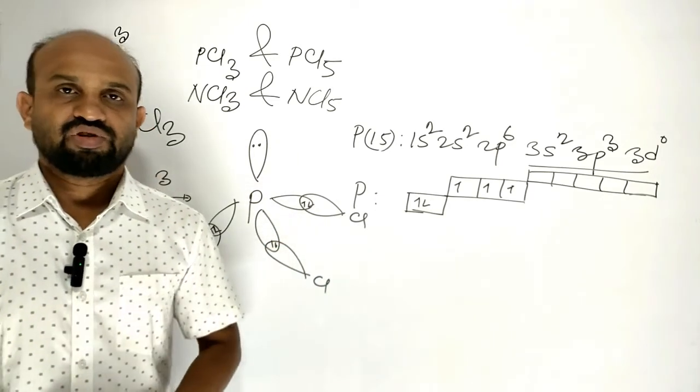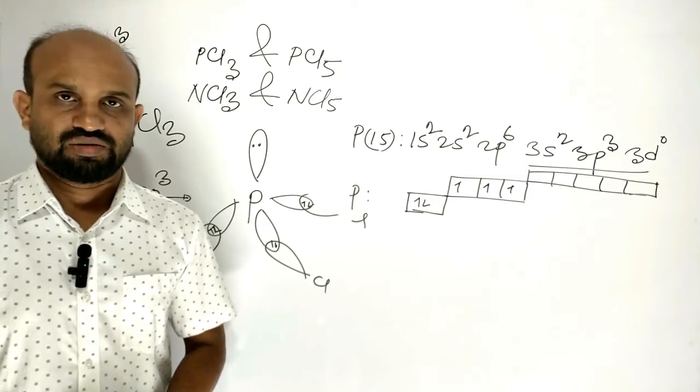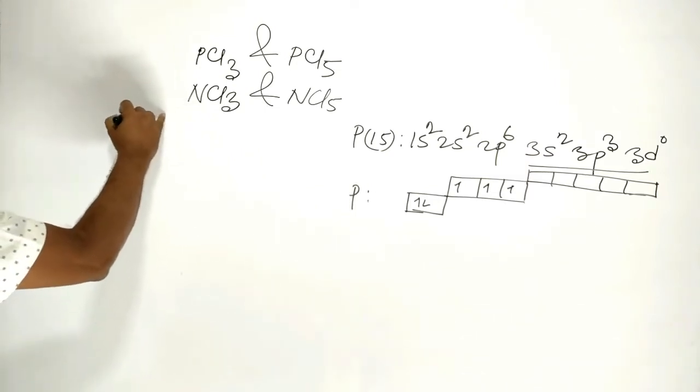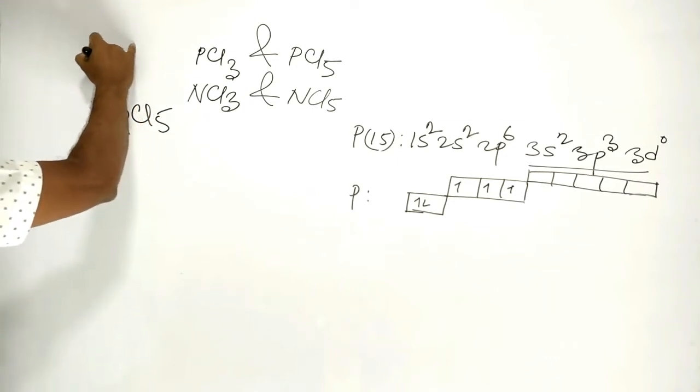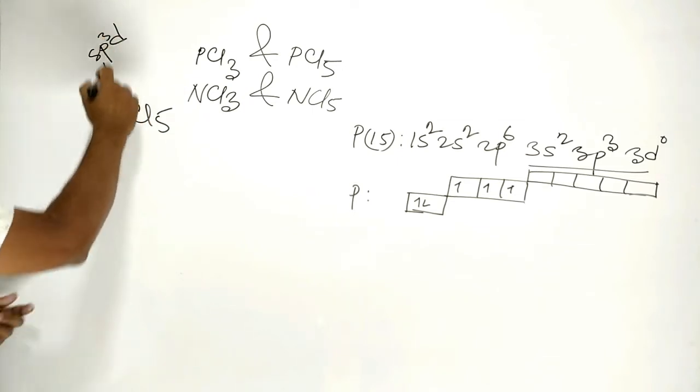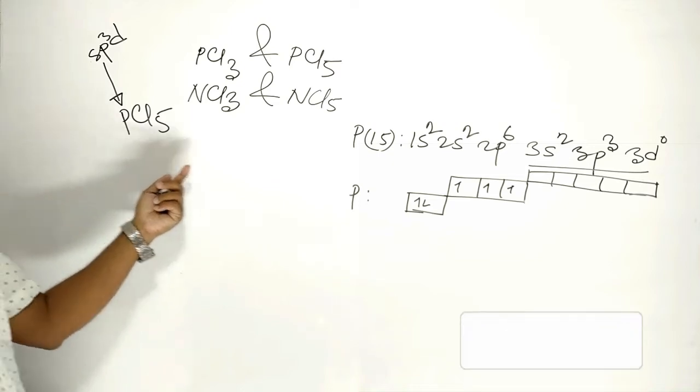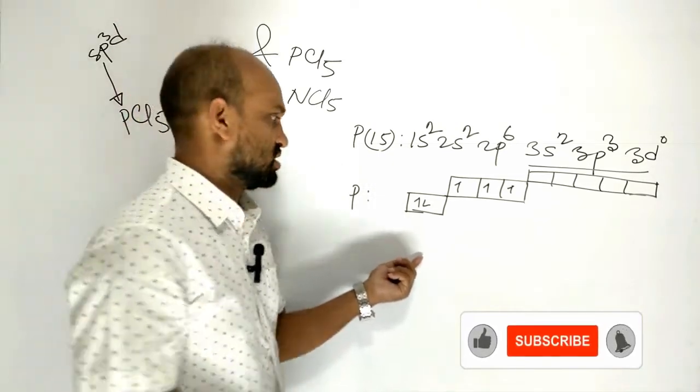Now let's see formation of phosphorus pentachloride. Here, phosphorus is sp3d hybridized. The process is like this.